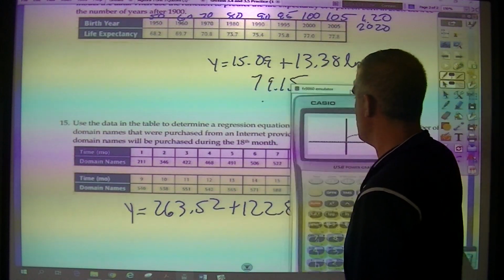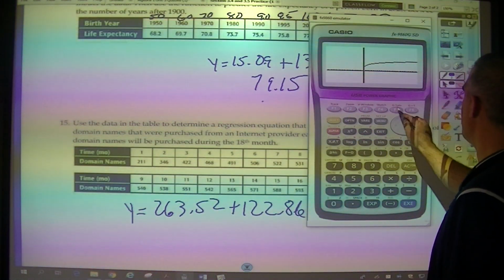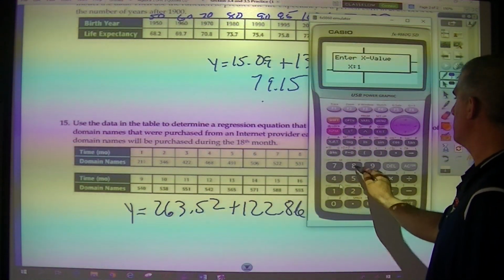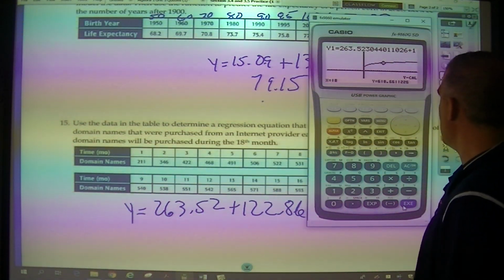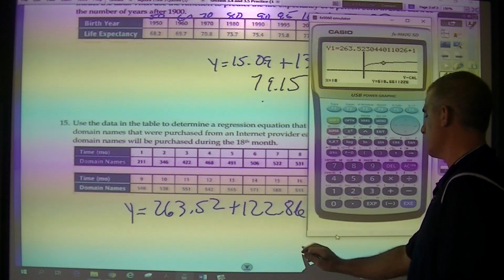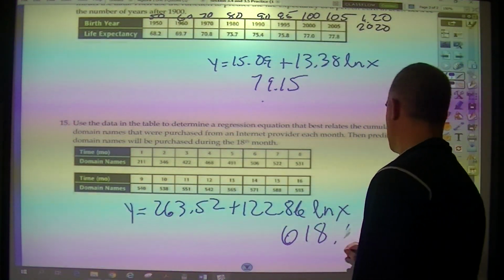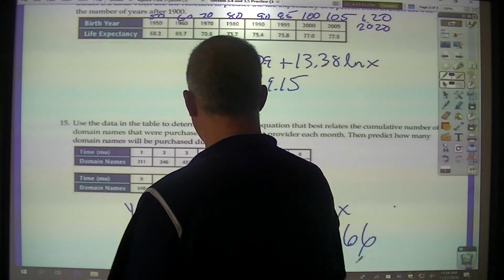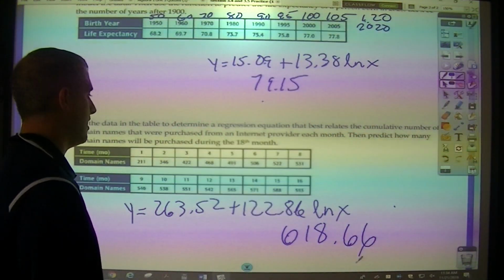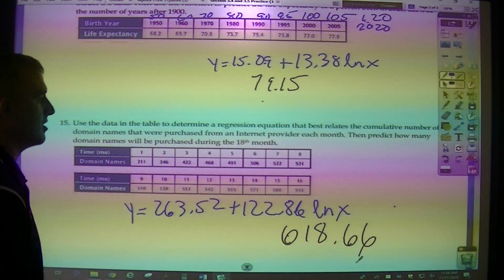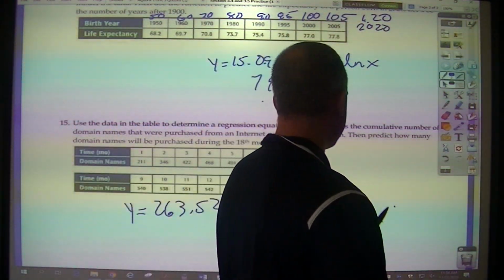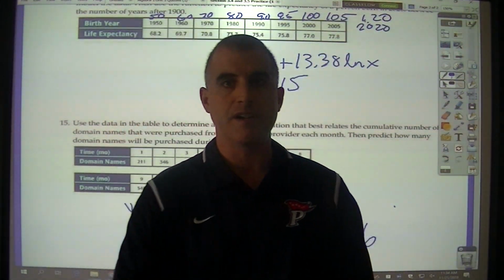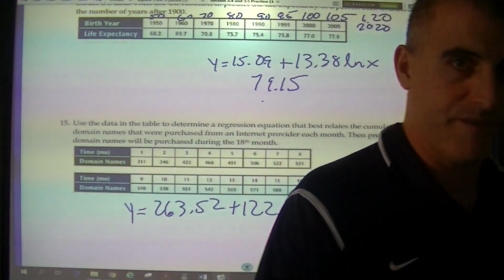They want to know how many are purchased in the 18th month, so we are once again doing a y-cal: 618.66. You could easily solve that with equations, substituting in and solving. Either way is possible, but use this in your notes to prepare for the summatives.